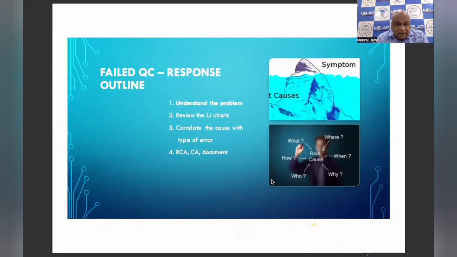What is important? Understand the problem. Is this random error or systematic error? For this, review the Levy-Jennings chart and see what type of error it is. Do the root cause analysis, take appropriate action, corrective action, and document these things.